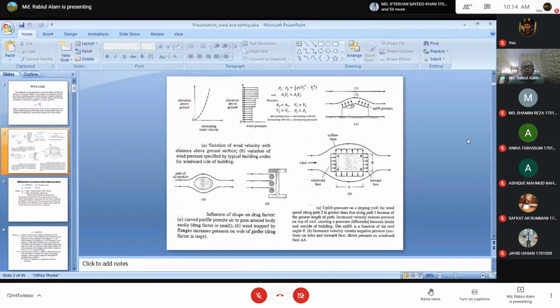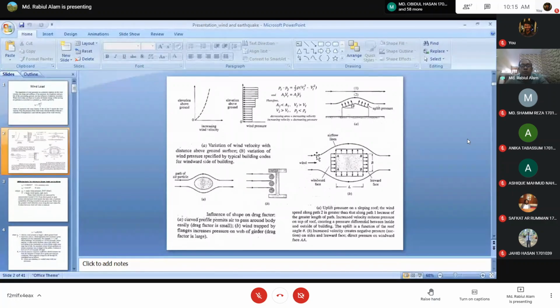Okay, in the last class we discussed wind pressure on different types of structures. I'm not sure whether you are able to remember these things. We mentioned this relationship as well as the variation of wind pressure when wind flows over the structures.